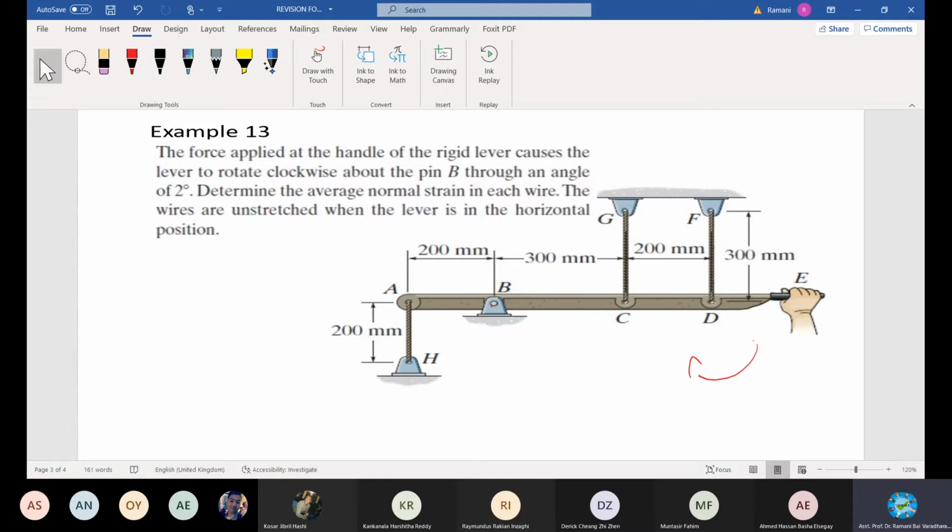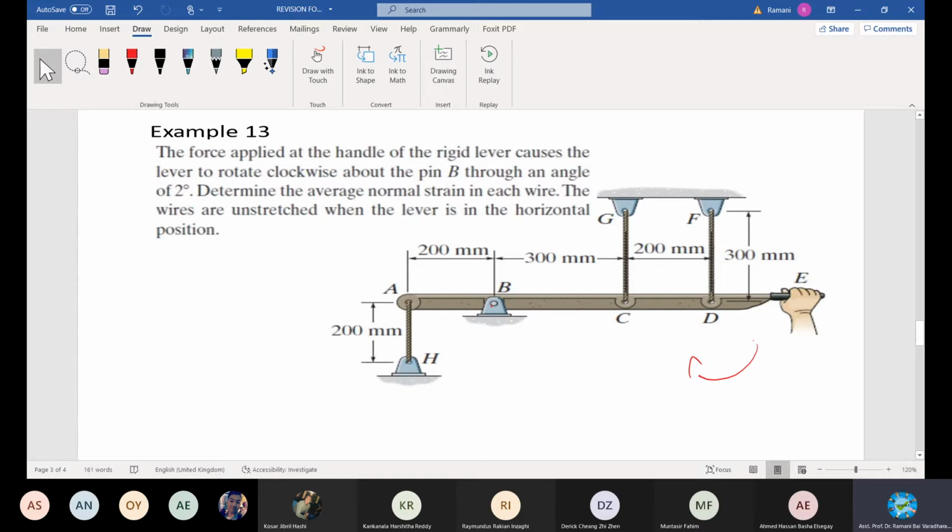You are given this support, and there is a wire and this is the pin. There is another support at F, a wire is hanging, and there is a handle.